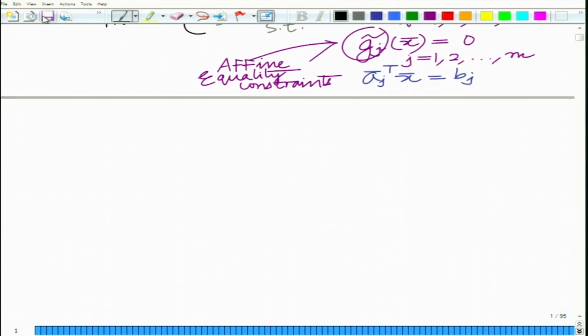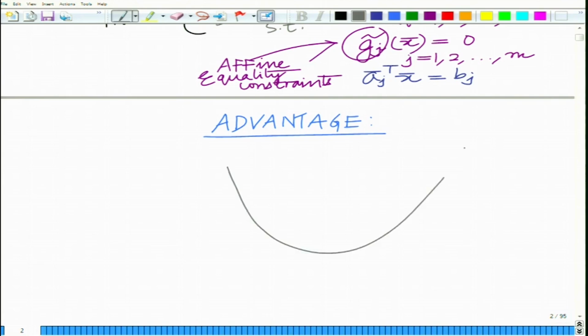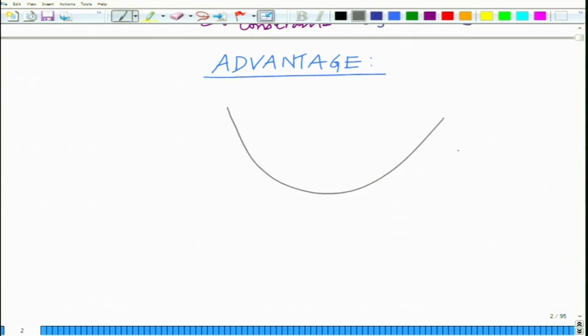And what is the advantage of a convex optimization problem that we have so formulated? The important advantage, as you might already know, is the following: when you look at a convex objective function and you minimize it, this is your convex objective, and the optimum value is unique.